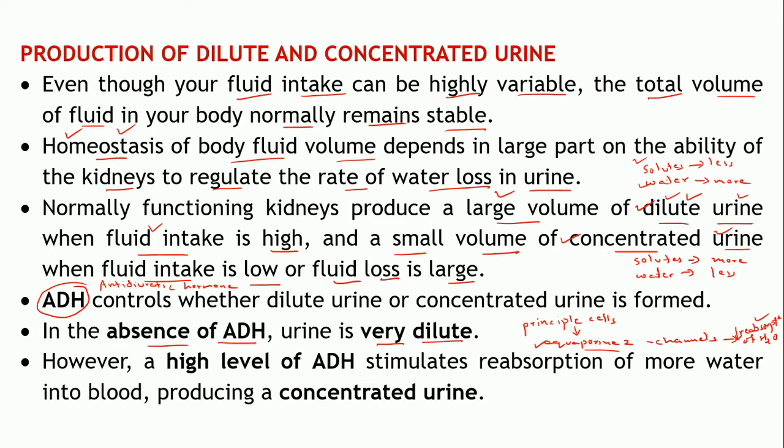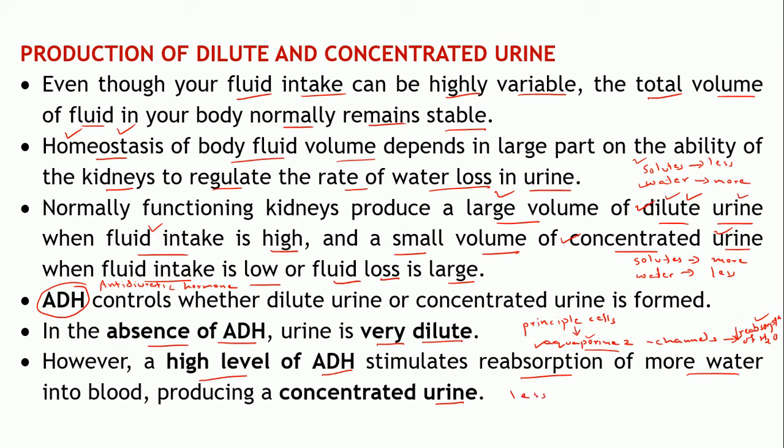But what will happen if the ADH levels are very high? It will result in the introduction of these aquaporin 2 channels into the collecting ducts, as a result of which it will increase the reabsorption of more and more water into the blood. So the amount of water which is excreted in the urine will be very less.